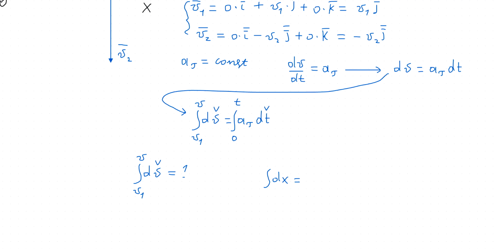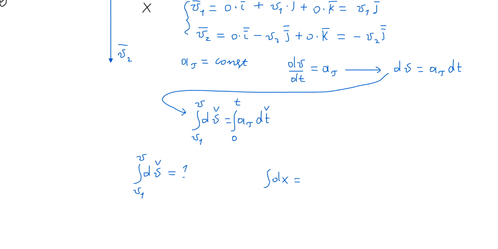Velocity 1 minus velocity 2, integrated dt, will give us, on the left side and right side, acceleration a(t) minus acceleration 0, dt.